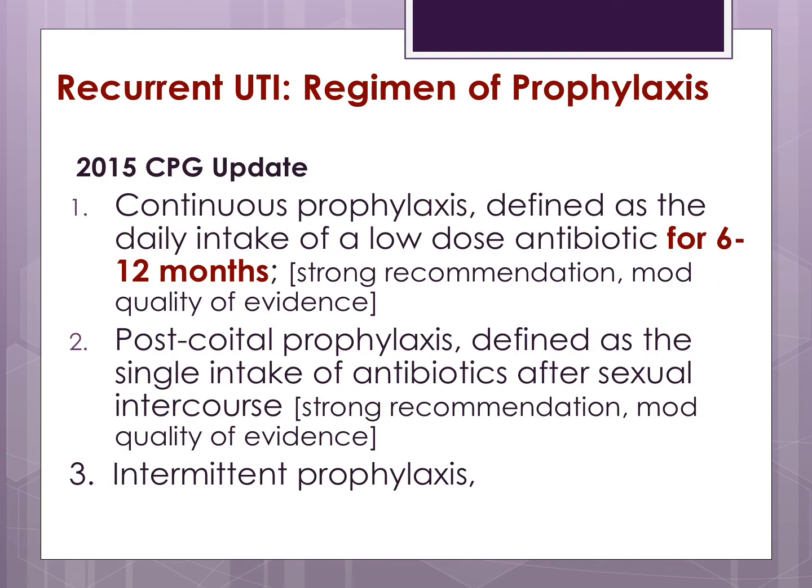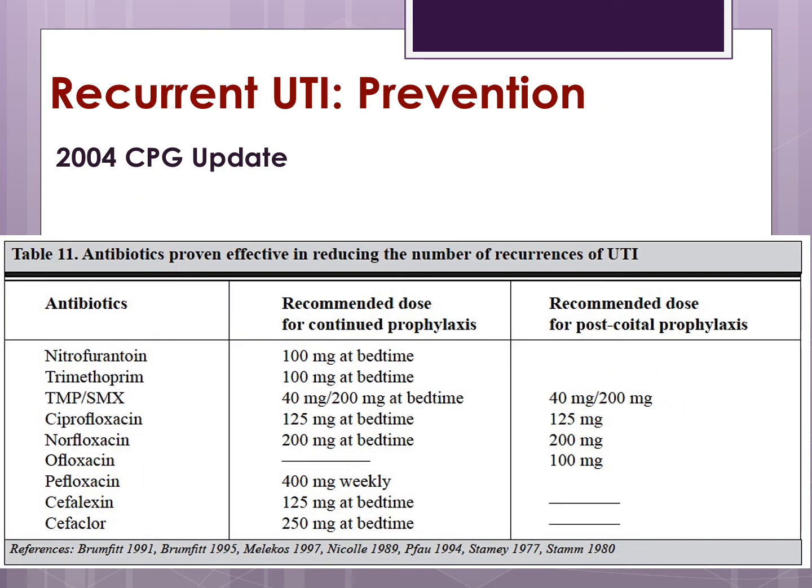In the most recent 2015 update, it now tells you how long to give the continuous prophylaxis, and it's a strong recommendation. And the post-coital prophylaxis, it's still the same. And now they have a new category of intermittent prophylaxis. And what drugs to use? In the 2014 CPG update, there is this particular list of drugs: nitrofurantoin, trimethoprim, the quinolones mainly, and cephalosporins.